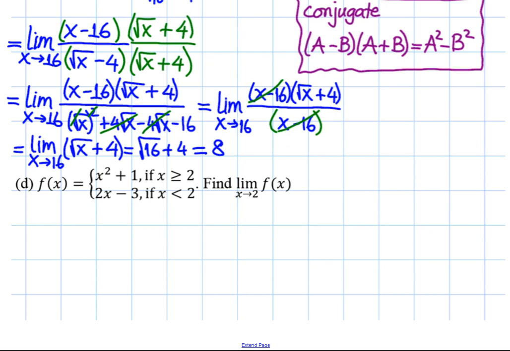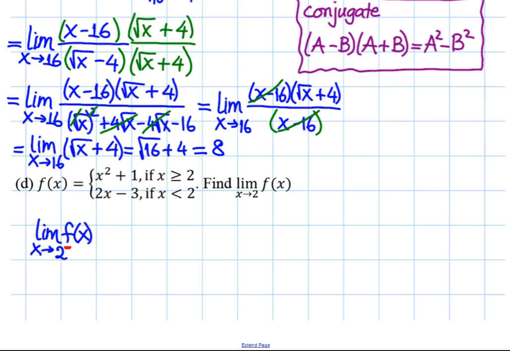Now we will find the limit of a piecewise function. This is a piecewise function, and it breaks when x equals 2. So we have to worry about when x goes from the left side of 2 and where x is on the right side of 2. So we find the limit as x goes to 2 from the left hand side.